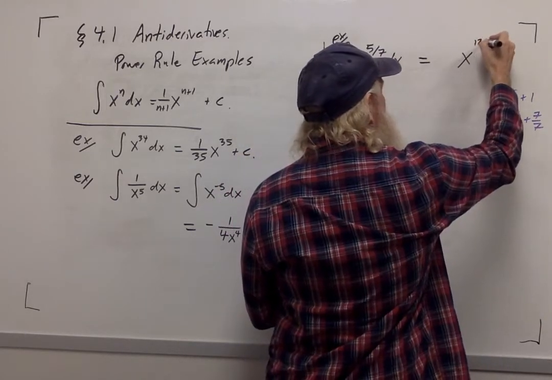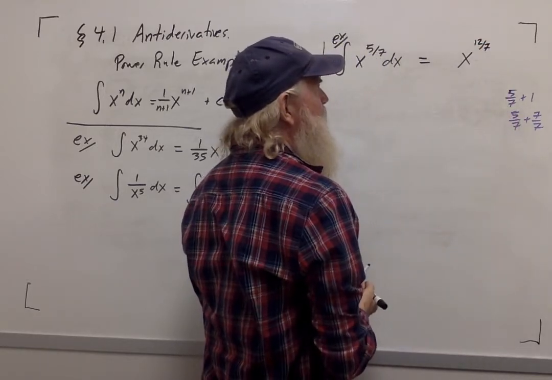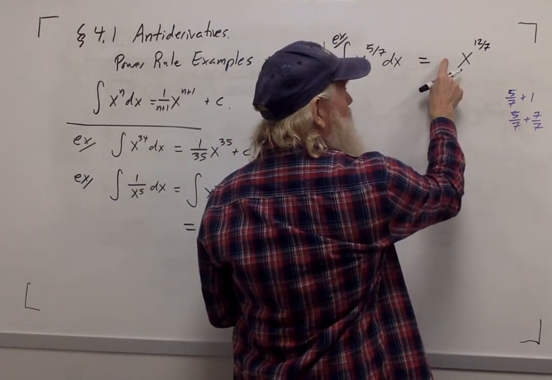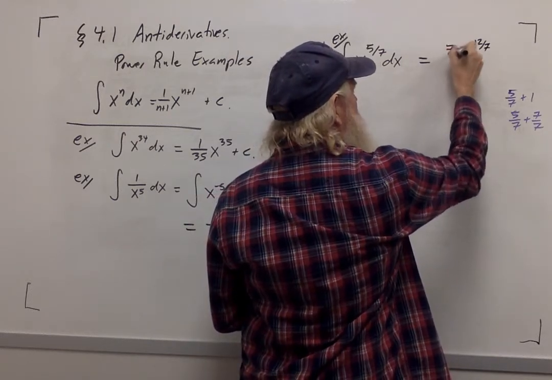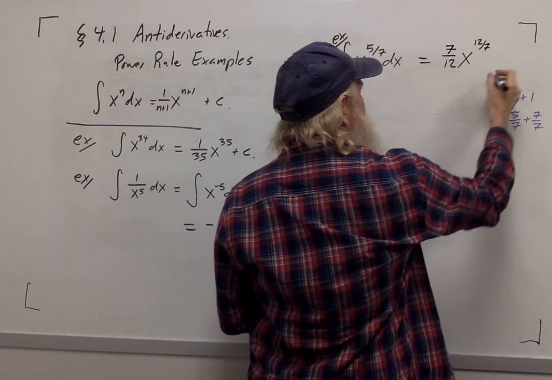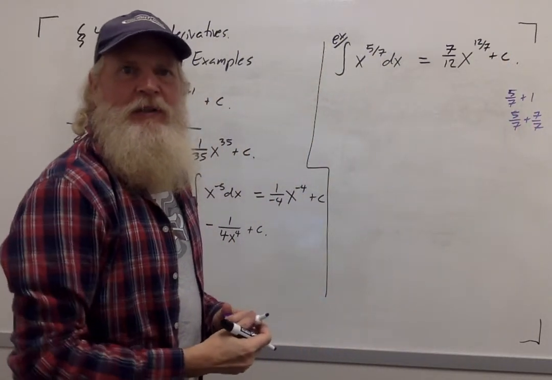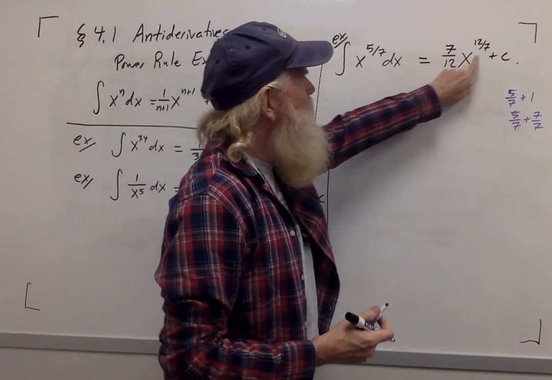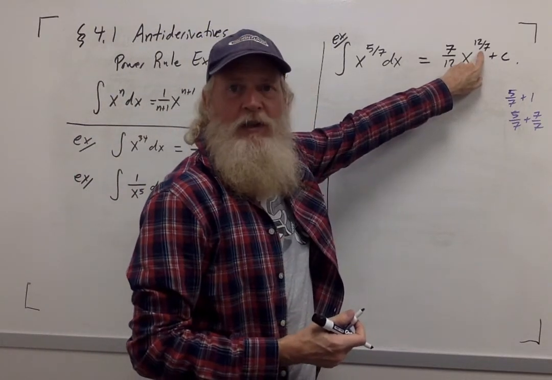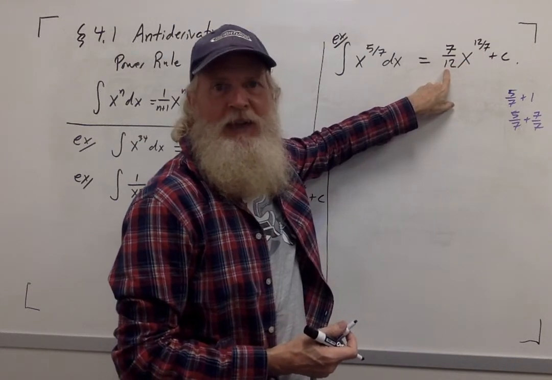So my new exponent is 12/7, and then I have to divide by the new exponent. But of course, dividing by 12/7 is the same as multiplying by 7/12. So an easier way to think about what happens with the coefficient here is after you add 1 to the exponent, you multiply by the reciprocal of the exponent.